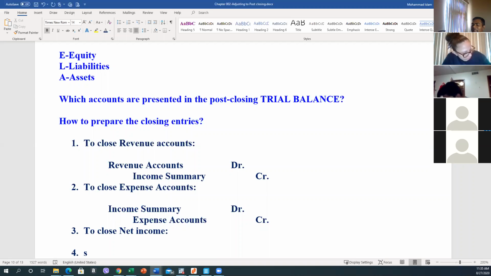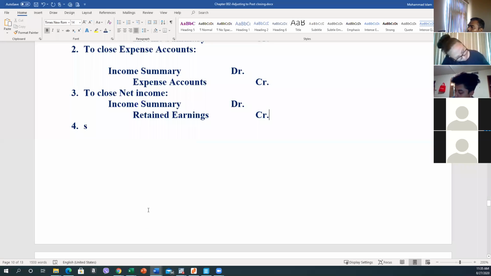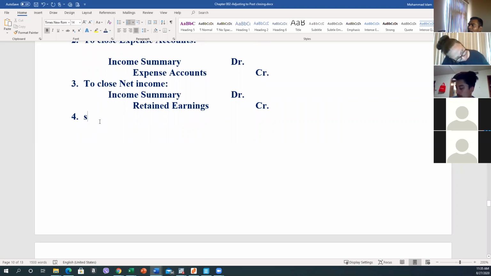Net income means income summary has more credit balance than debit. So we need to close the income summary. So income summary debit. And where should we? Retained earnings. Retained earnings, okay. So retained earnings will be increased by net income.